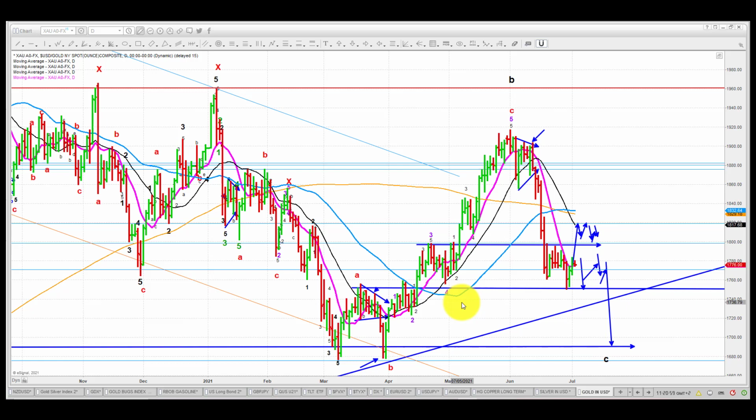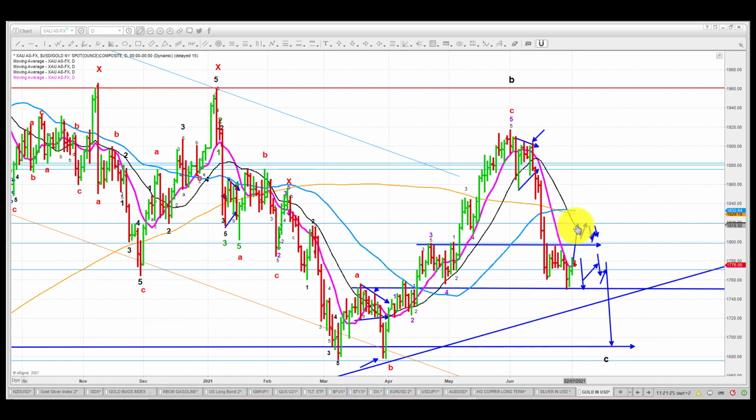This is the chart of gold priced in US dollars, daily scale, and similar to the situation that we have now examined in the case of silver, we are seeing here also a key level, which is right here. This is 1750, and you've got a bracket, if you like, just above here, that's 1800.